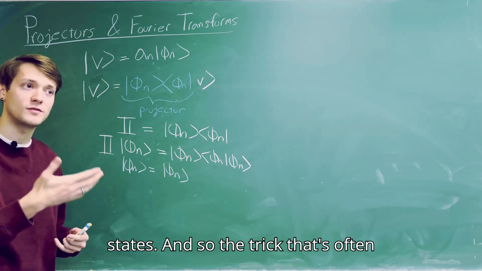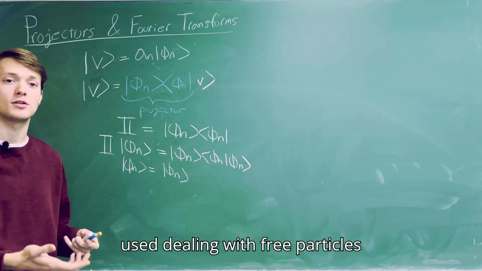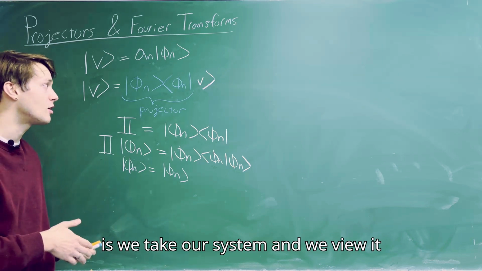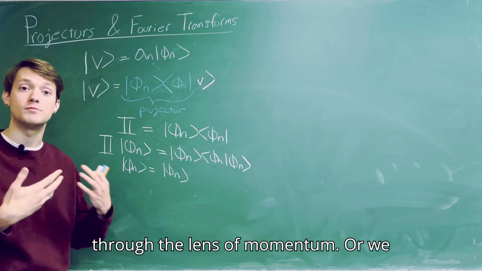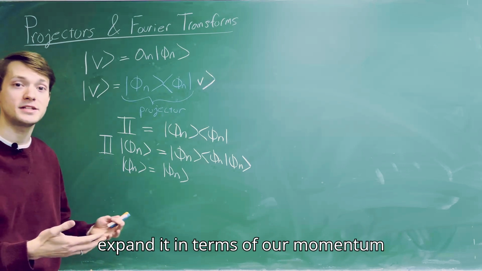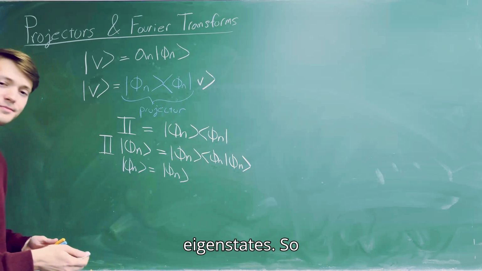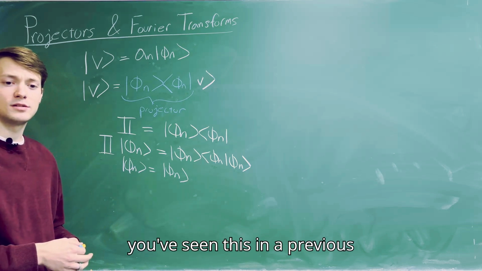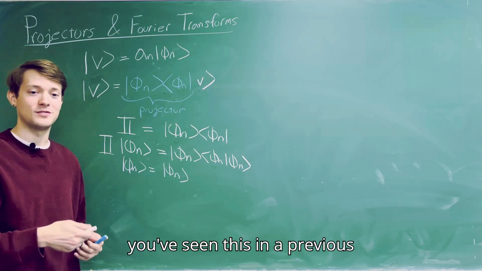And so the trick that's often used dealing with free particles is we take our system and we view it through the lens of momentum, or we expand it in terms of our momentum eigenstates. So you've seen this in a previous video.